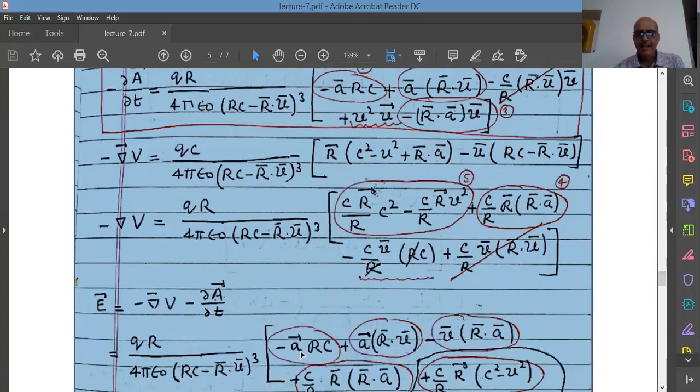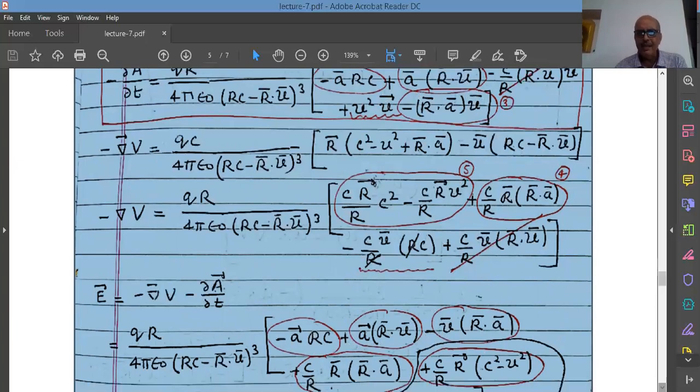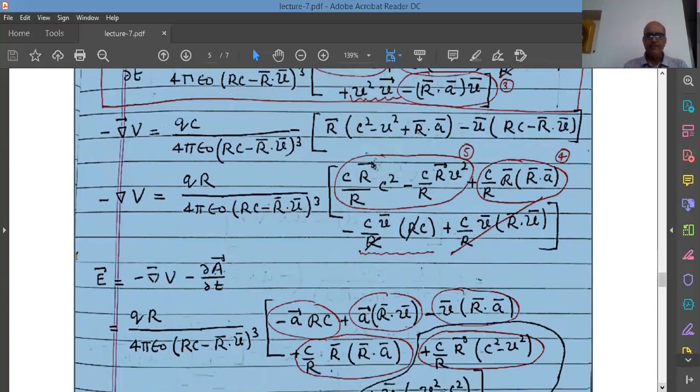You can see aRc is the first term, plus aR dot v is the second term, minus v into R dot a is the third term. Here I have maintained the order, and here I have named them because they are now as per the order written over here. Similarly, we have the fourth term, R dot v, then R dot c upon R, R into R dot a.